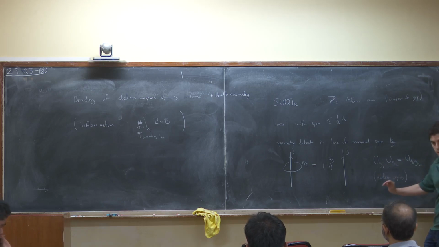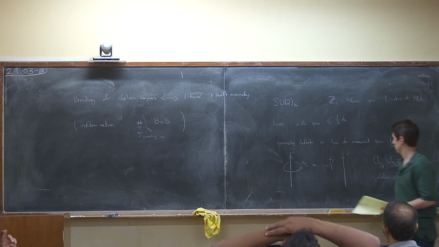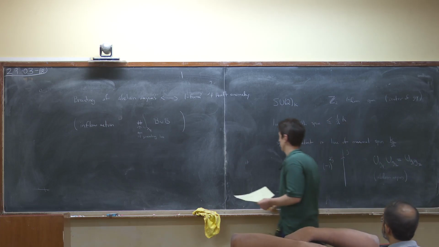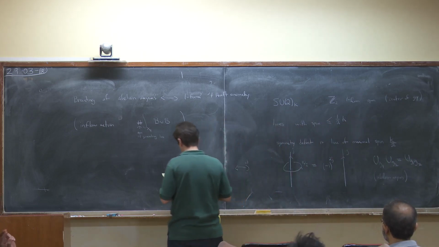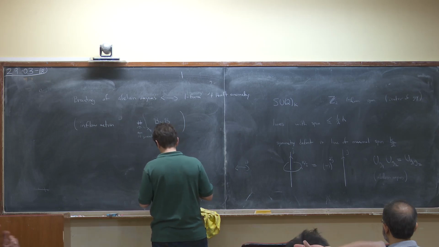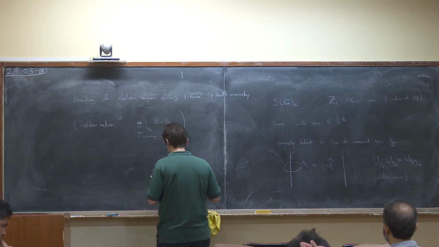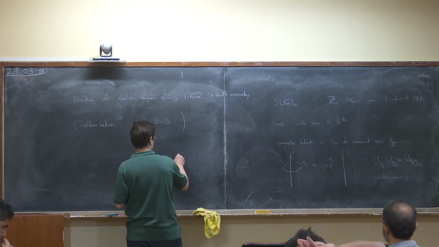Maybe let me say something which might make you happier. In Chern-Simons theory, I think you can use modular invariance to replace these two things by saying that a line is a one-form symmetry generator.